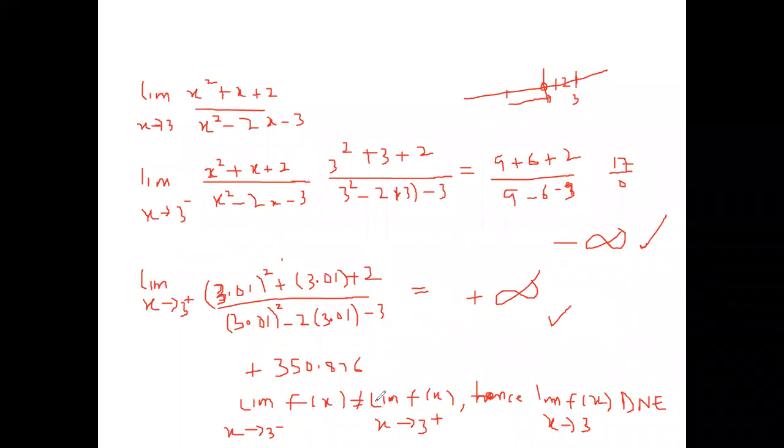So we conclude by saying that the limit of f of x as x approaches 3 from the left is not equal to the limit of f of x as x approaches 3 from the right. Hence, the limit of f of x as x approaches 3 does not exist.